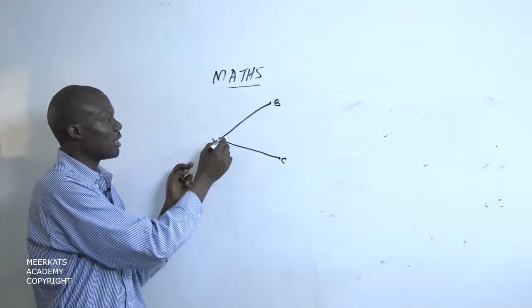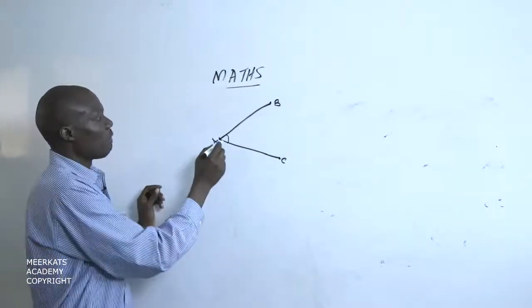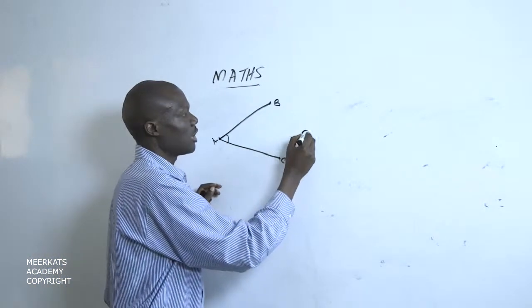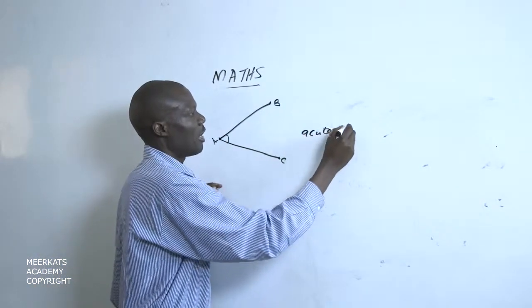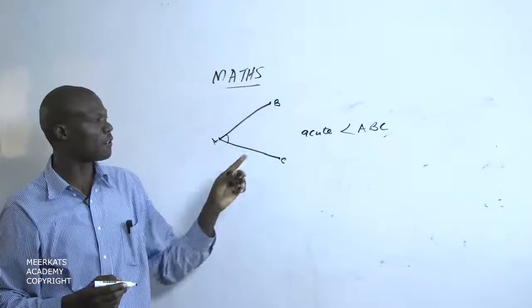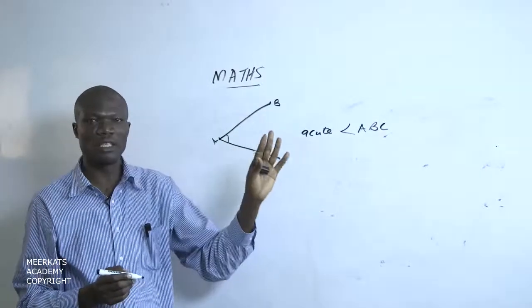At the point where they intersect, it forms an angle. So this angle, the smaller part here, the inside, forms an acute angle, we shall say, call it acute angle ABC. So this is an acute angle ABC.